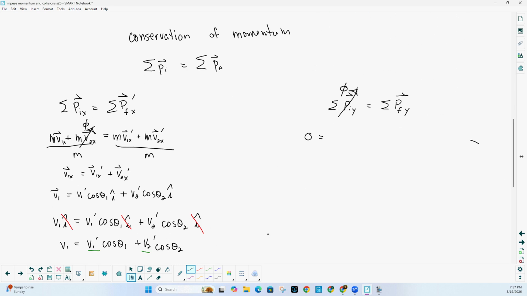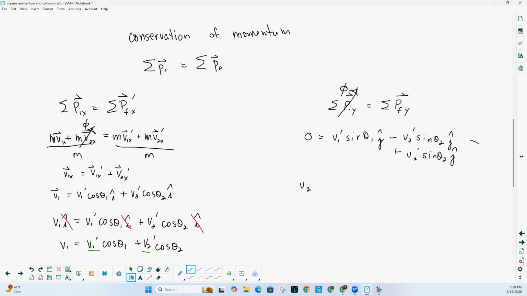So let's go ahead and write that out. v1 prime, sorry, that has to be sine. Sine theta 1 j hat. Plus v2 prime, actually it's a minus because it's going south, sine theta 2 j hat. I can add this term to both sides.